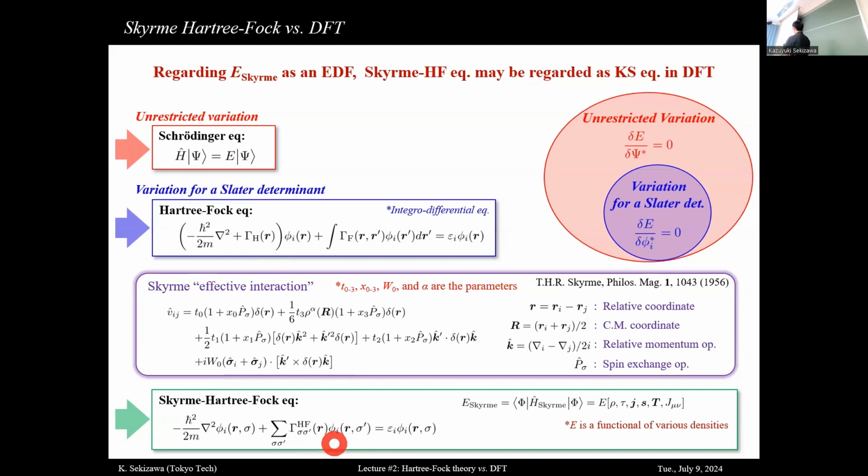So given here is the Hartree-Fock equation, which is local in space because of the zero-range effective interaction.